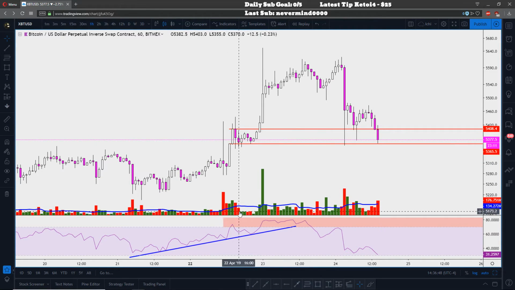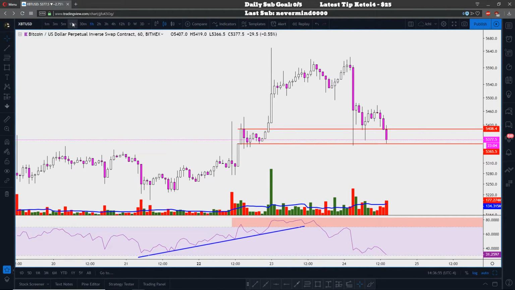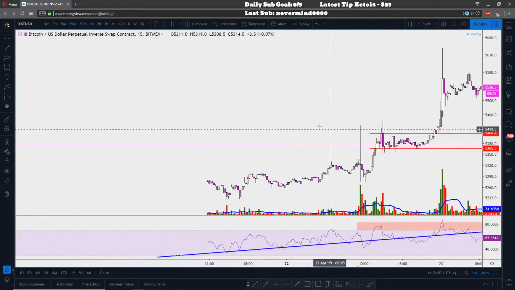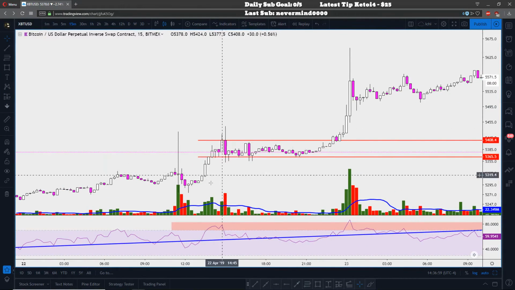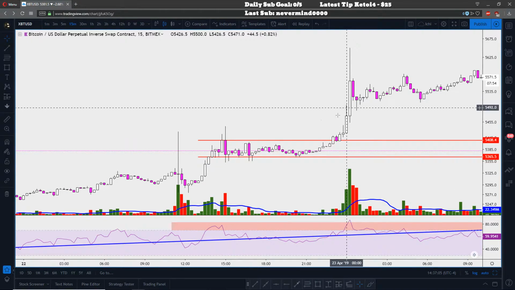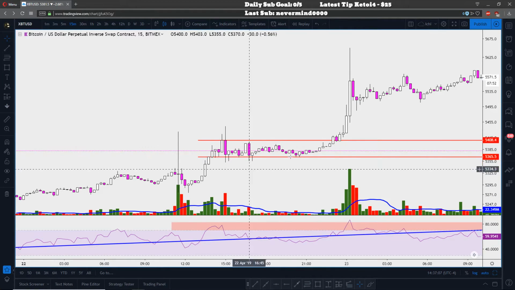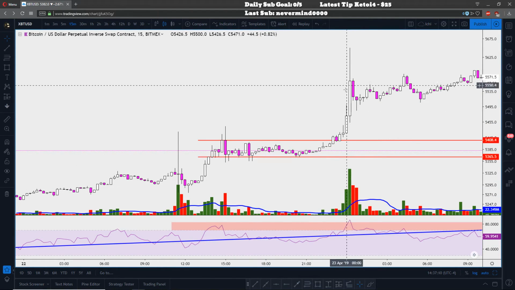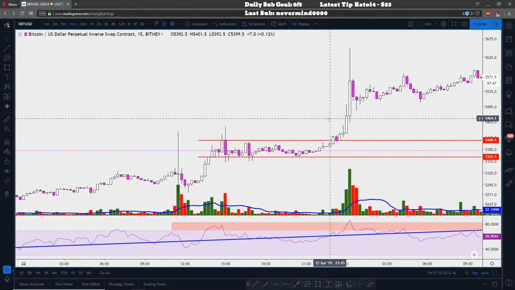You have high volume on the breakout. You have low volume on the consolidation. That is a textbook bull flag. If we go down to like a 15 minute, this is a textbook flag pattern. High volume on the breakout, low volume on the continuation, high volume on the breakout. This is the most consistent textbook breakout pattern.